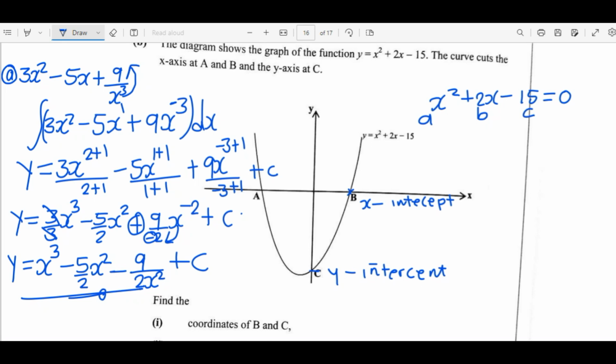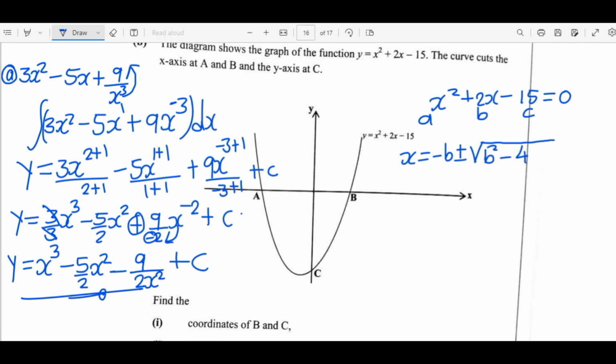You can use the method of your choice or the method that you are comfortable with. You can use the quadratic formula or maybe factorization, so it depends. So let's use the quadratic formula. x is equal to minus b plus or minus the square root of b squared minus 4ac, divided by 2a.